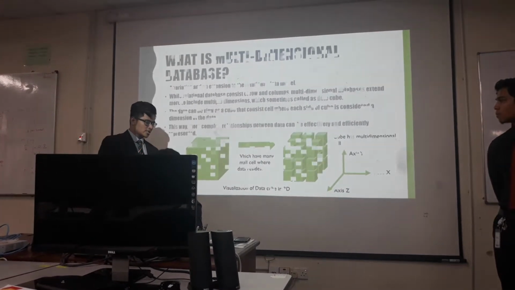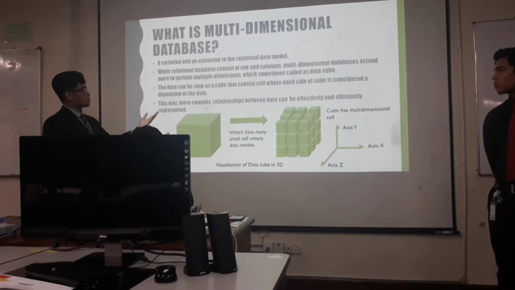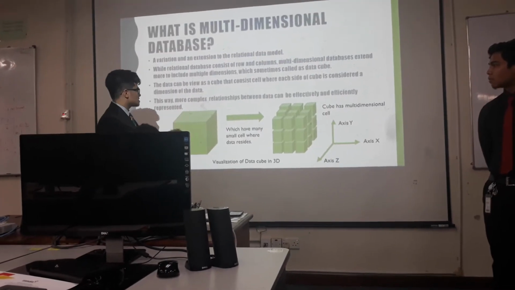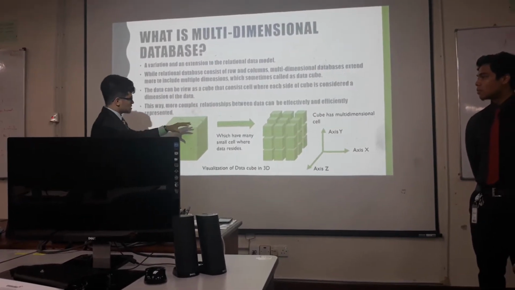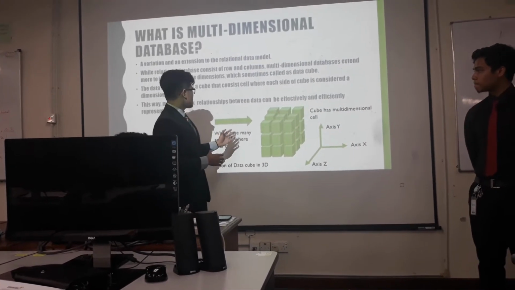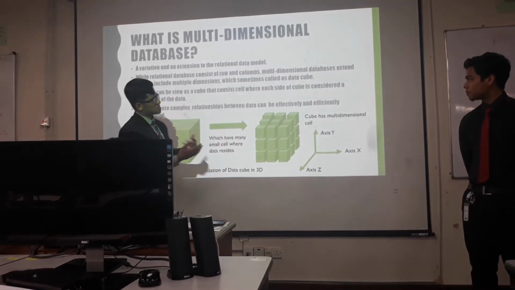Let me give you an analogy about a data cube. So this is the data cube, the multi-dimensional database, and in this square there are many small cells where the data resides, which have multi-dimensional axes.